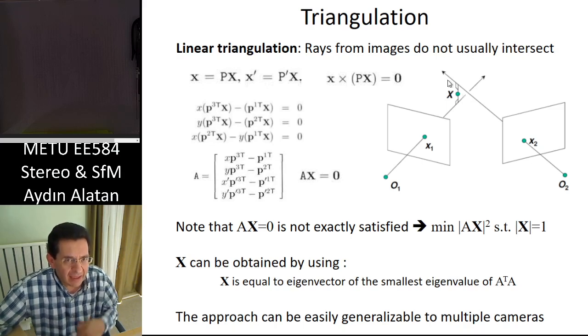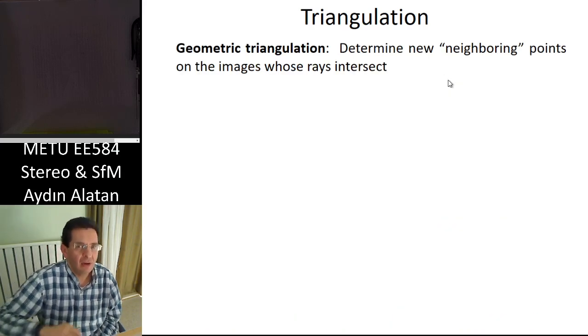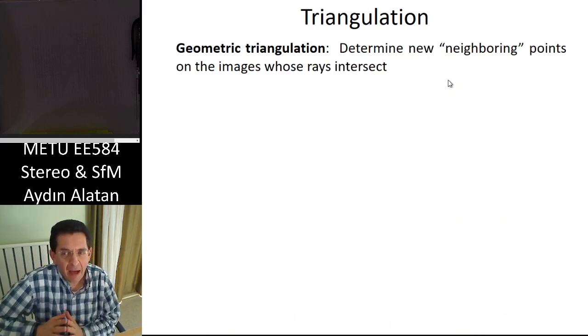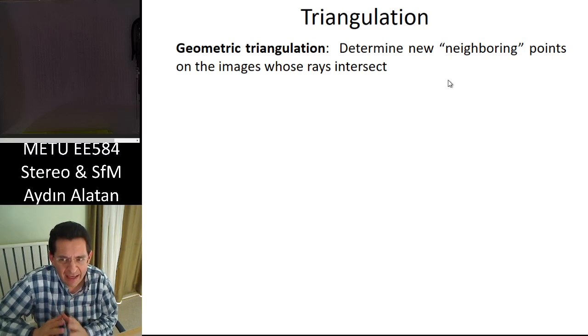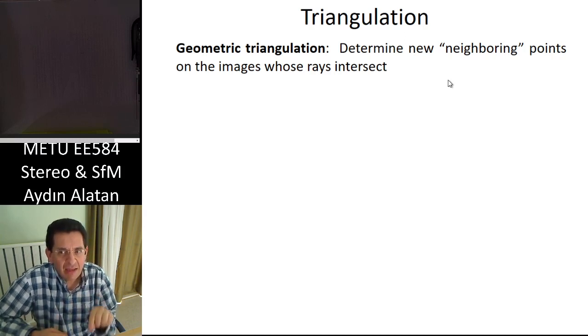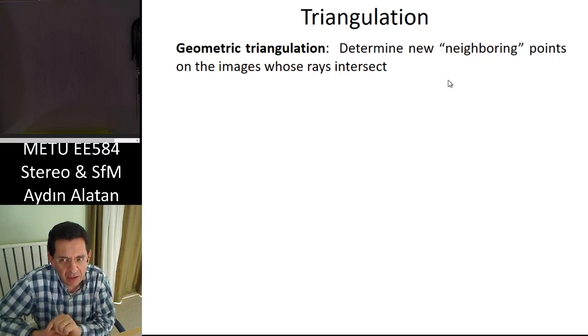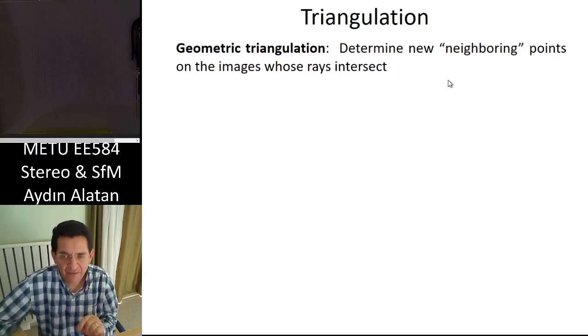Now, let's extend this to another solution based on a geometric triangulation. This time I will do a little trick. Since AX equal to 0 is possibly not exactly satisfied, how about trying to find some image points nearest to our measurements such that these new image points exactly satisfy the relation?